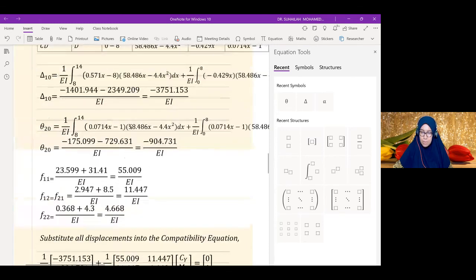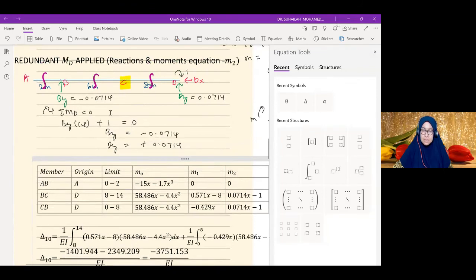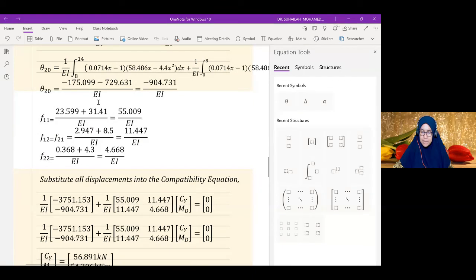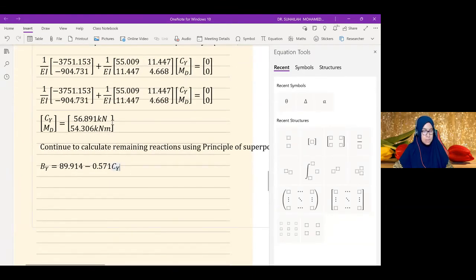And then BY for this one is negative 0.0714, minus also 0.0714.